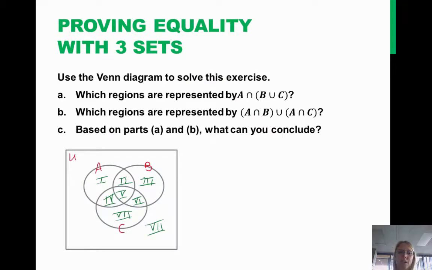This last one, we are going to look at proving the equality with 3 sets. So let's look at part A first. It says which regions are represented by A intersect of B union C. Well, let's first look at B union C, and that's going to be everything inside of this area here.